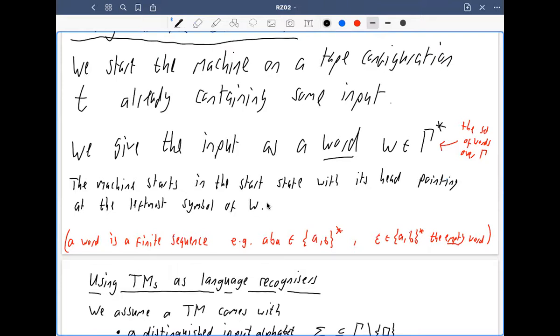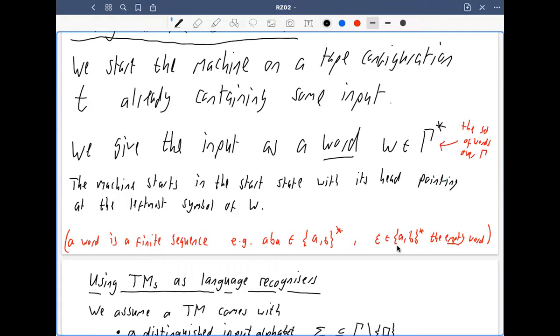Here one can make a fussy objection if you want to. There's a natural question to ask. As I'm allowing the empty word, you could say, well, where does the machine head start if the input is the empty word? Well, if the input is the empty word, the whole tape is blank. It actually doesn't matter where the machine head is. It's just somewhere.